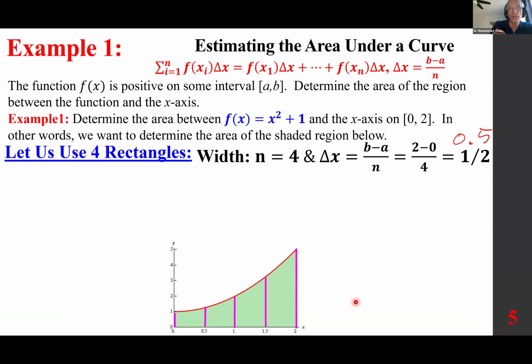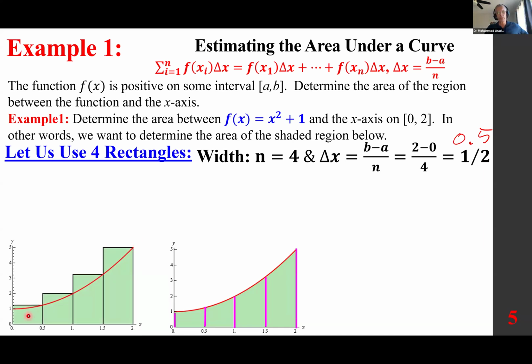So the width is fixed, 0.5. If we choose the right endpoints, it looks like that. Clearly, that's not the area under the curve, but it's an approximation. So we're going to call it R sub 4. R stands for the right endpoints. So we have 4 rectangles. We chose the right endpoints to represent the height.